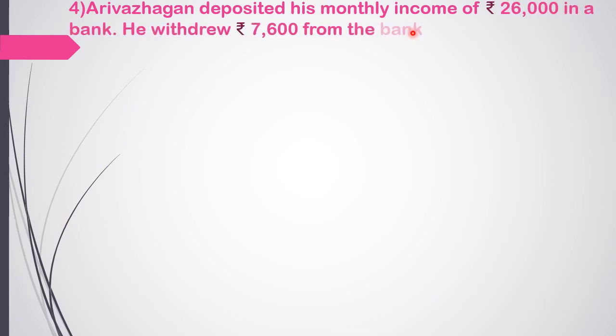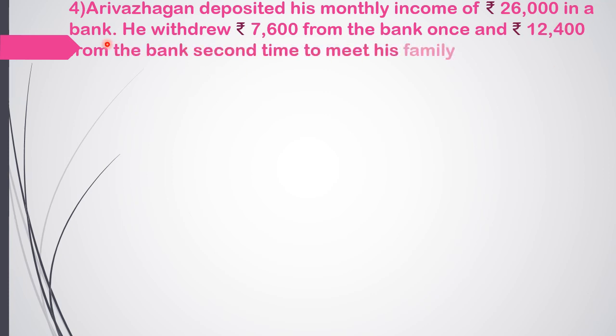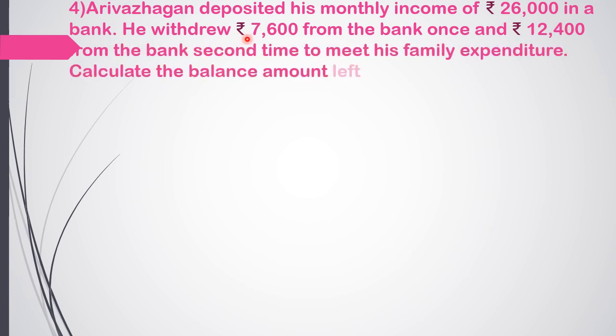So next sum. Arivalagan deposited his monthly income of rupees 26,000 in a bank. He withdrew rupees 7,600 from the bank once and rupees 12,400 from the bank a second time to meet his family expenditure. Calculate the balance amount left in his account.